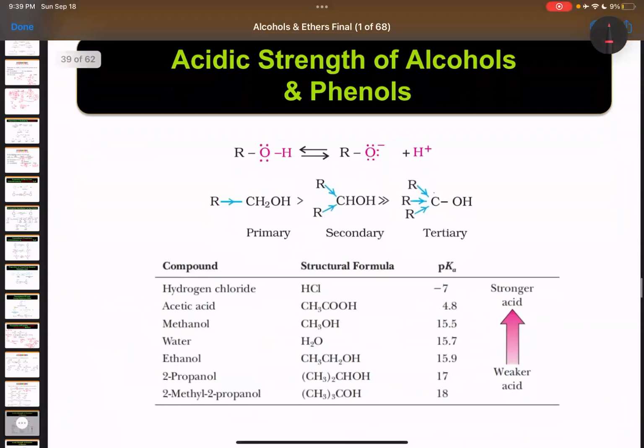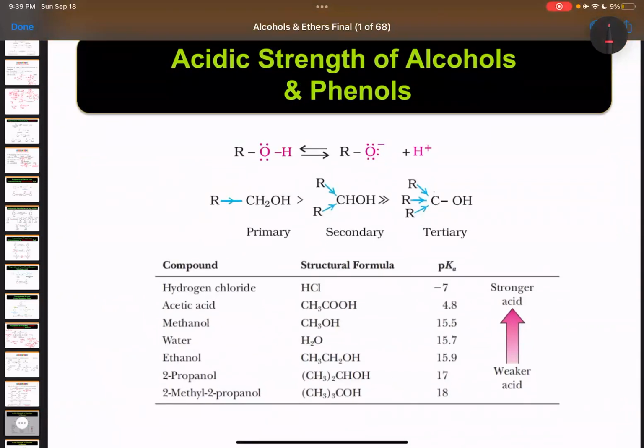Okay, acidic and basic strength actually, which alcohol is more acidic and why? How does the acidic strength change with branching of the alcohol? So, sir, if more branching is there, it will be less acidic.